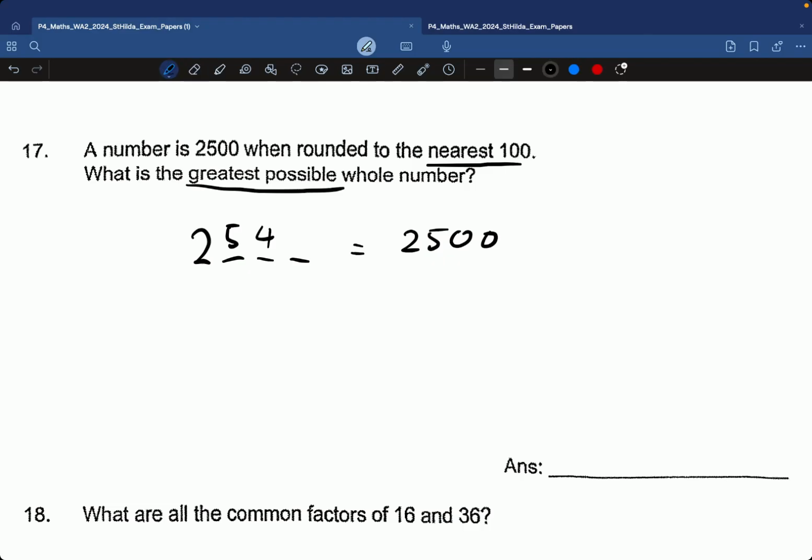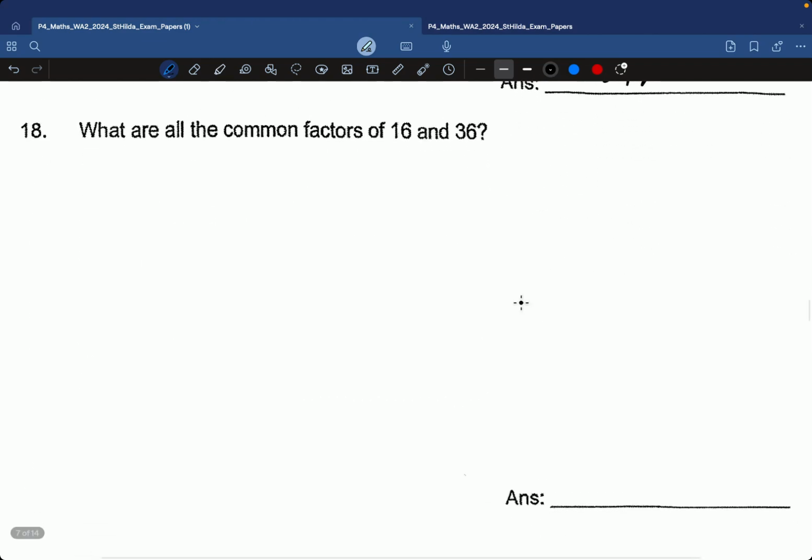So 2,549, if we were to round to the nearest 100, the 4 over here, we cannot round up, so this will become 0, right? Same goes for the 9 as well. Since we are rounding to the nearest 100, we will make the other places 0, which will make us 2,500. So the greatest possible whole number is 2,549. Okay, let's move on to the next question.